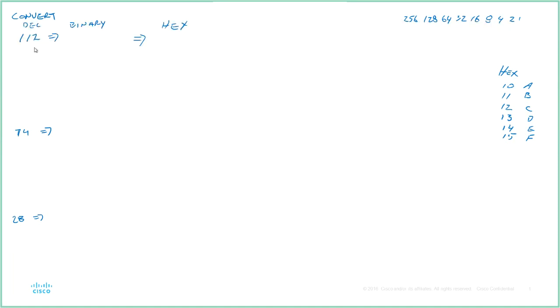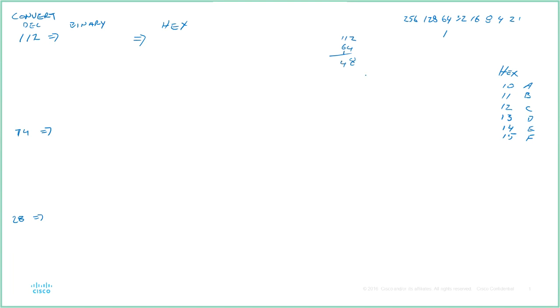So the first thing we do, 112, work out where it fits in over here. So it'll be 64. So 112 minus 64, 8 carry the 1.